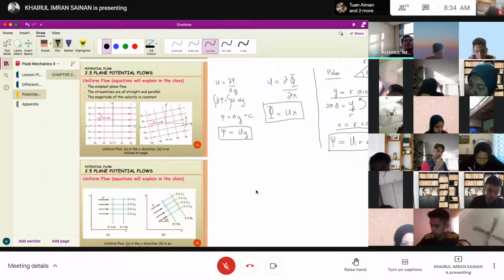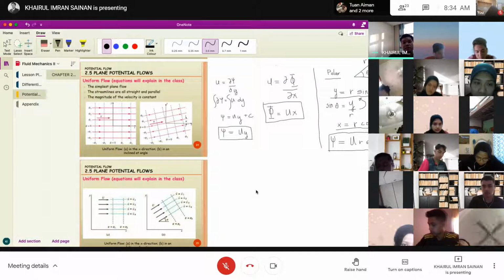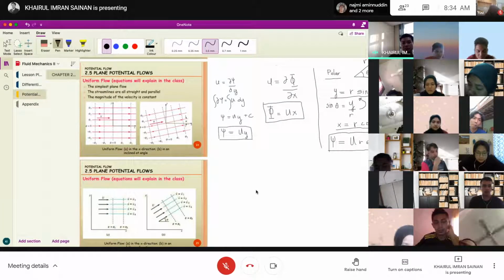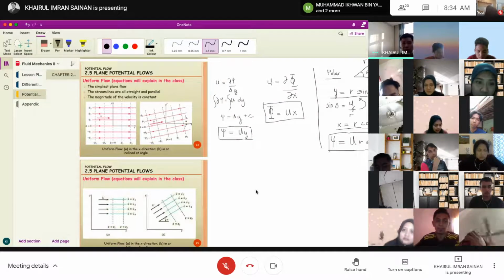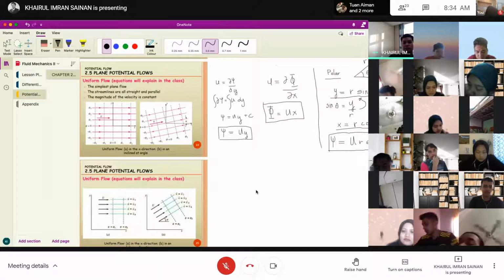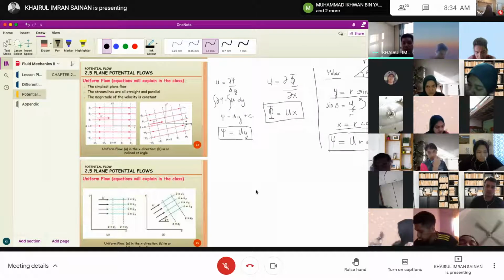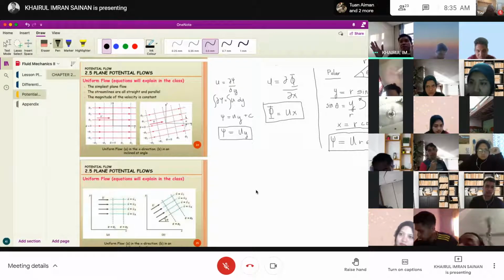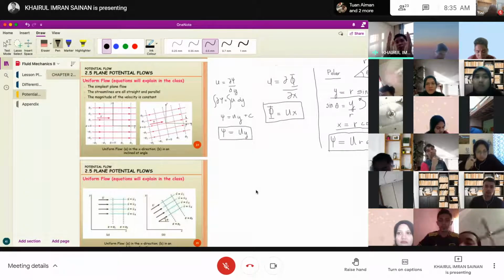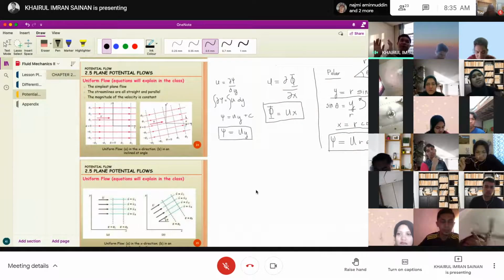Okay, the characteristic of uniform flow is, you can read that. Actually, streamlines that are all straight and parallel, and the velocity is constant, doesn't change, of course, because we assume steady flow, right? It does not change with time. Even if we have two positions, for example, velocity at this position is 2 meters per second, velocity at that position is 4 meters per second.